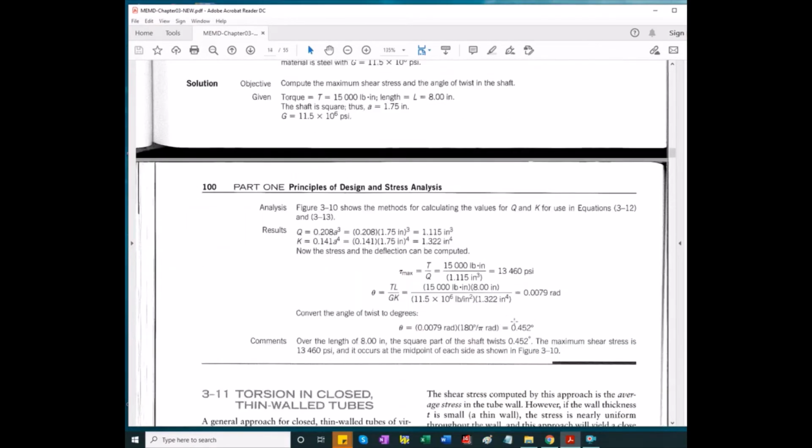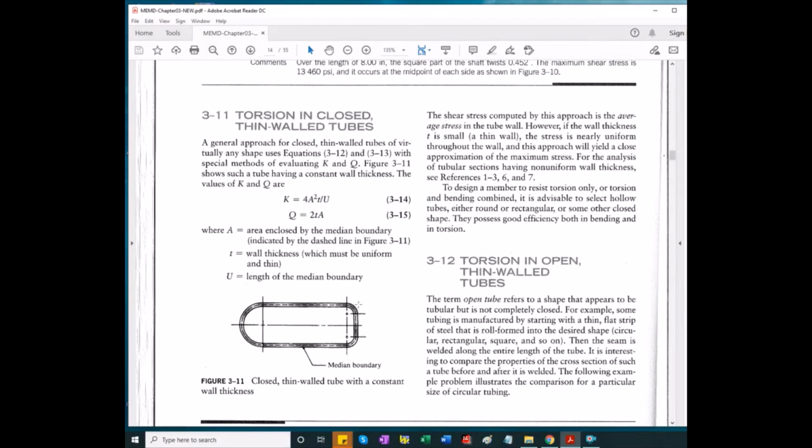If we have, in general, a closed thin wall tubing, you can calculate the two coefficients using the perimeter of the medium boundary, the length of the medium boundary, and the area delimited by the medium boundary, and then there's t, the thickness of the material used to form this thin wall tubing.